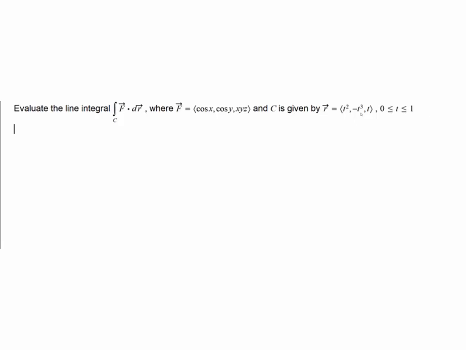So what we have is that if you change everything in terms of t, that is, we are confining ourselves to the path, then we can write the limits of integration as 0 to 1 for t, and we can change this to F dot dr/dt dt, right?